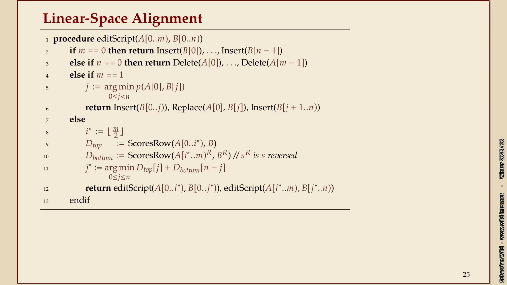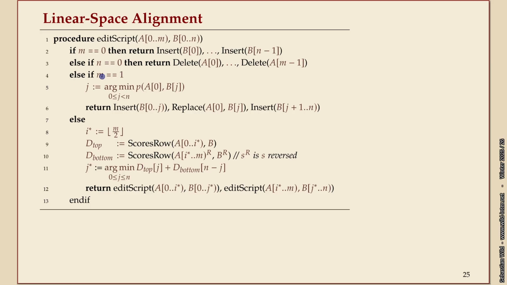And so that's the final code. There are some boundary conditions, what you do if the first string is very short, and you need that for the recursive call at some point. And this is computing the edit script. So in the notation we've used last time, if the first string is empty, all I can do to produce the second string from the first is inserting all the characters. Likewise, if the second string is empty, I'm deleting all the first characters.